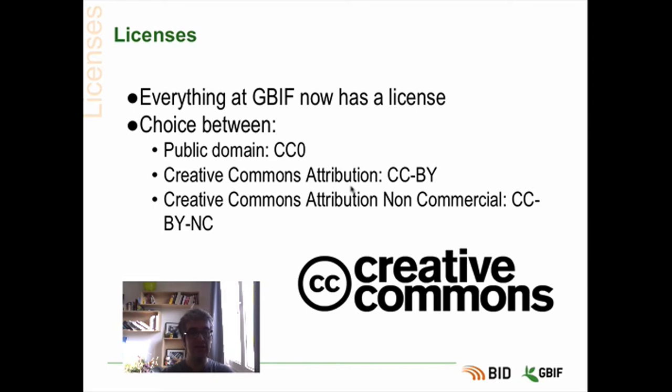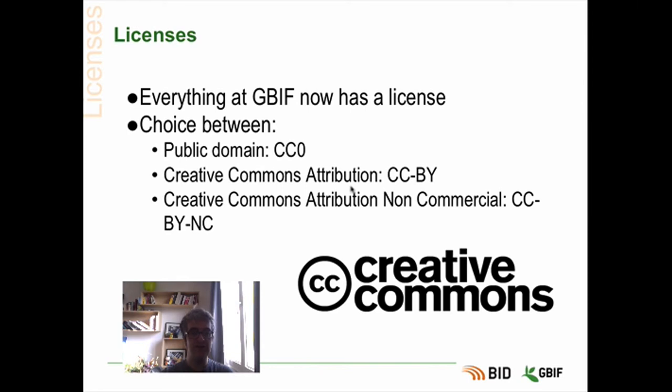So the three available Creative Commons licenses at GBIF for publishing datasets are first CC0, which is very open, it's public domain, everybody can do whatever she or he wants with your data. The Creative Commons attribution, CC BY, requires that the user acknowledge you as the source of data. And the attribution with non-commercial clause.